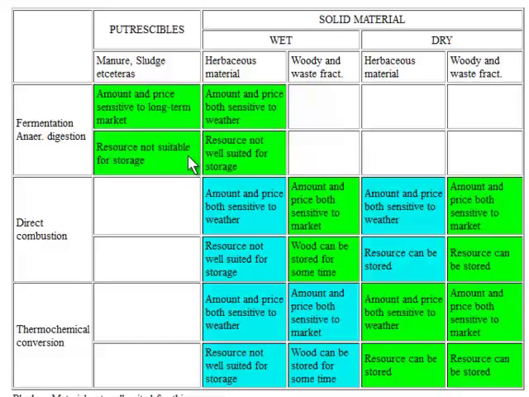The fuels treated are putrescibles, like manure, sludge, etc., and they are put in contrast to solid materials, wet solid materials, and dry solid materials. And the solid materials are in turn split into herbaceous and woody. With woody, I also include waste fractions.